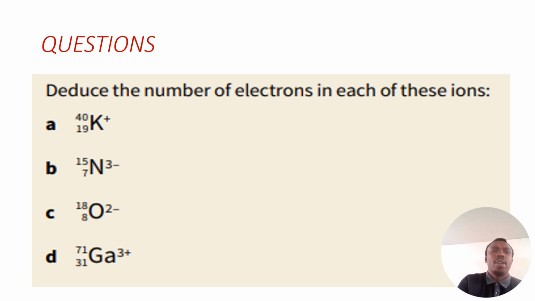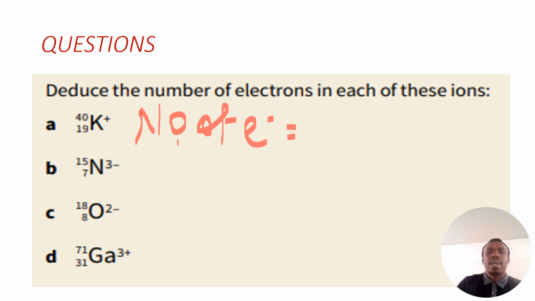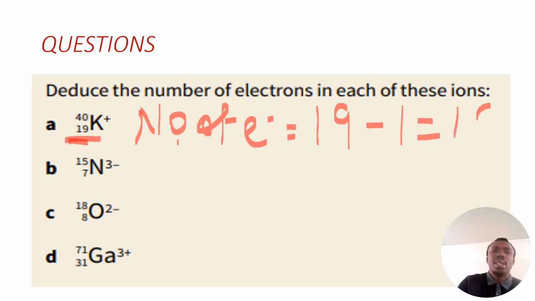The number of electrons is equal to the atomic number, or number of protons, minus the charge, because this is a positively charged particle. The atomic number here is 19, and the charge is 1. So 19 minus 1 is equal to 18. So the number of electrons here is 18.